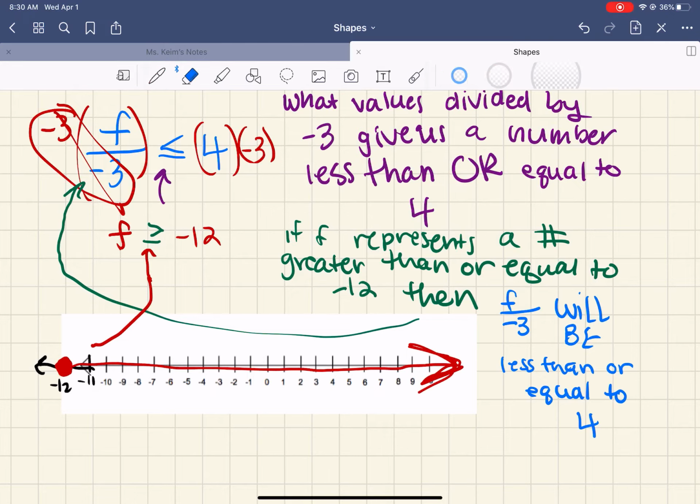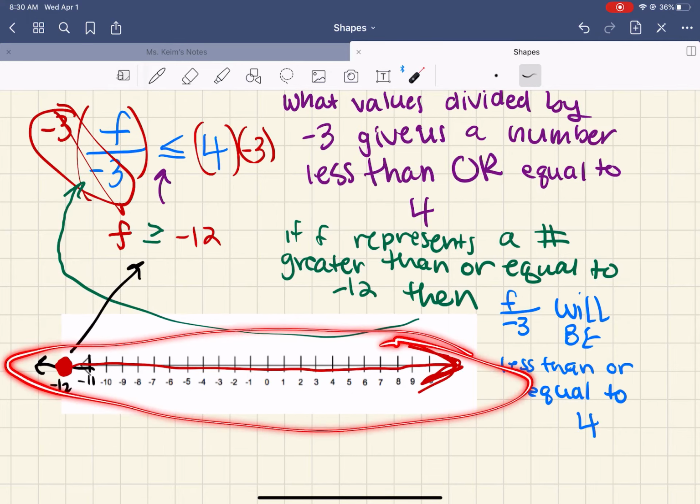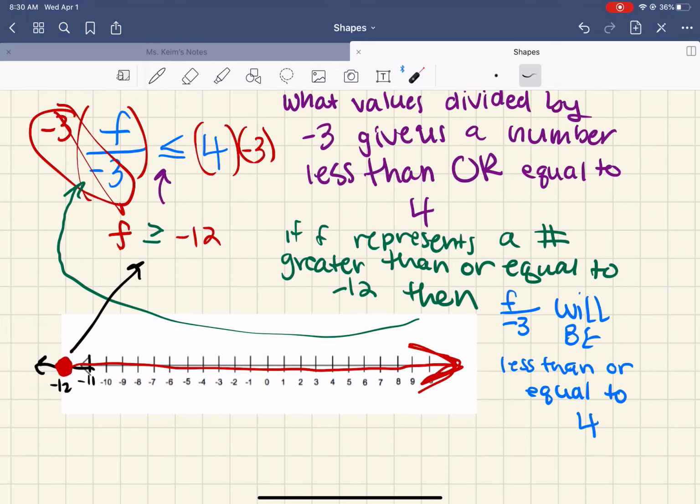That is our solution set. And this is me drawing a better arrow because I am a perfectionist. Okay, so this is what we are saying our solution is. We are saying our solution is all of the numbers greater than or equal to -12.